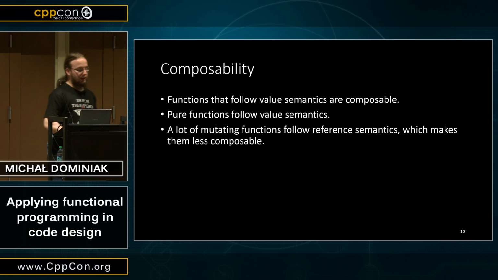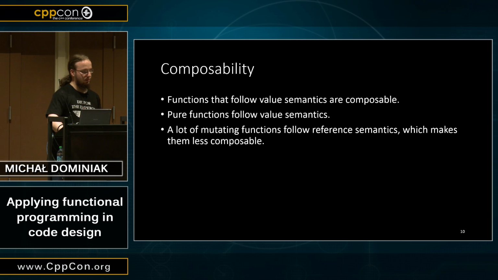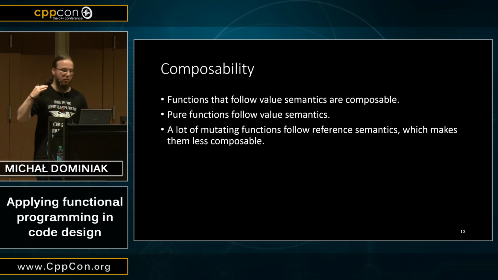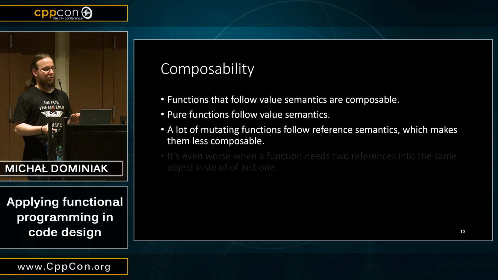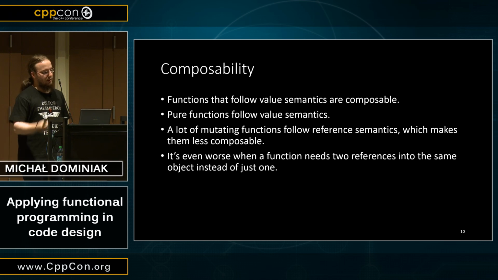A lot of mutating functions, but not all of them, of course, follow reference semantics. So, for example, standard sort takes de facto two references into the same object and mutates the object based on those references. That's not composable.